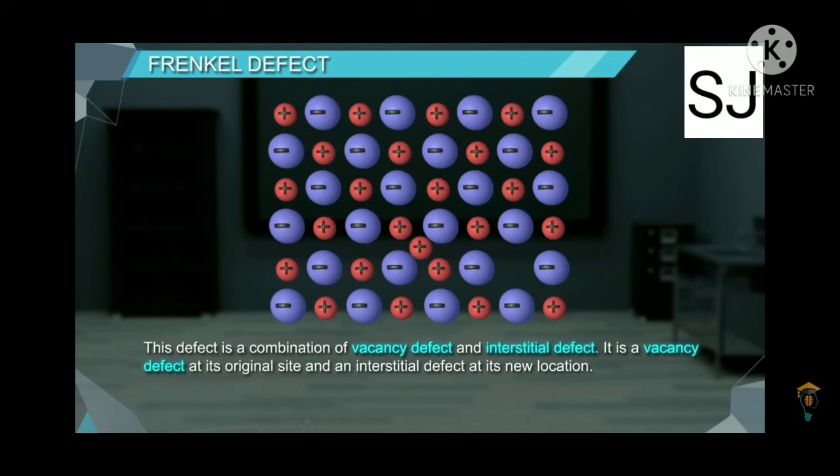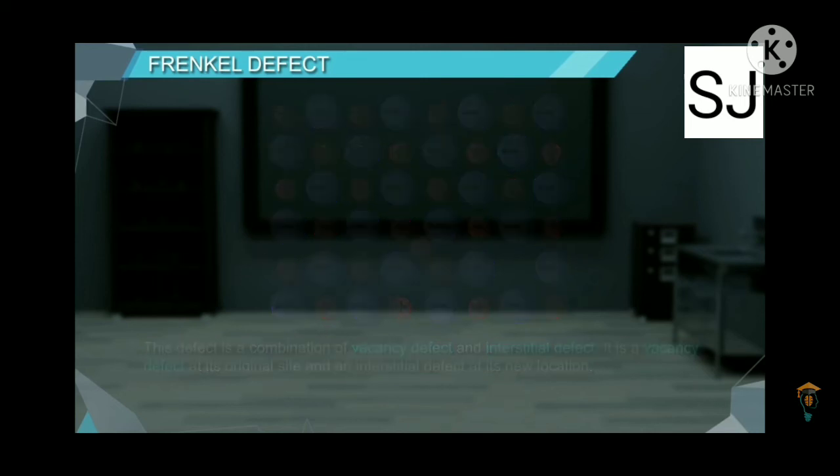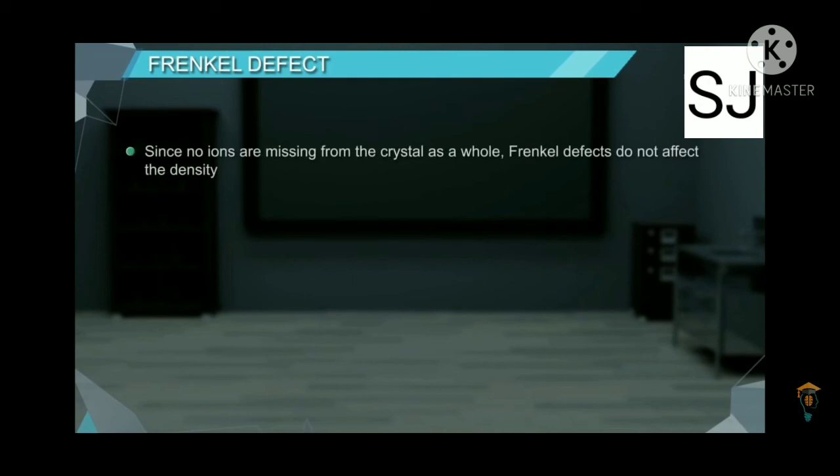It is a vacancy defect at its original site, as you can see here that a vacancy is created, so which defect came here? Vacancy defect. And where the charge went to a new position, that is an interstitial site. So it is an interstitial defect at its new location.